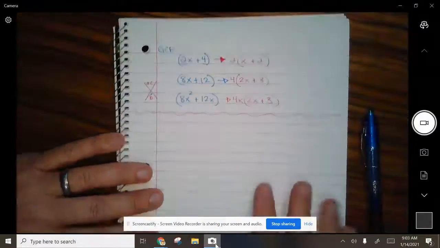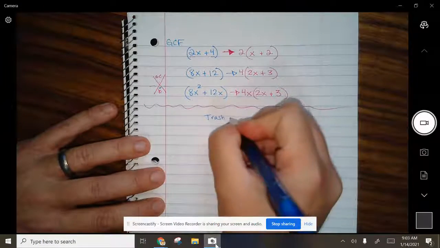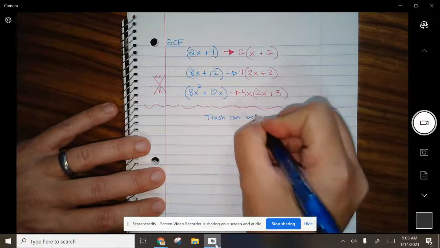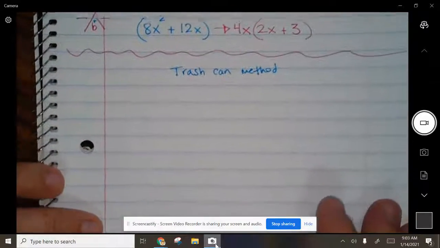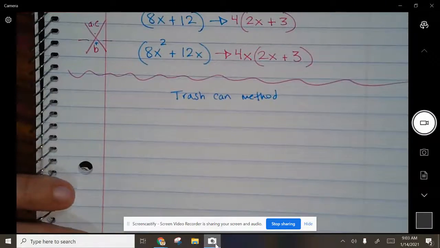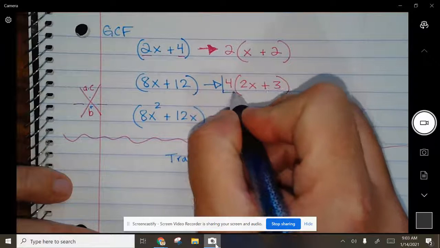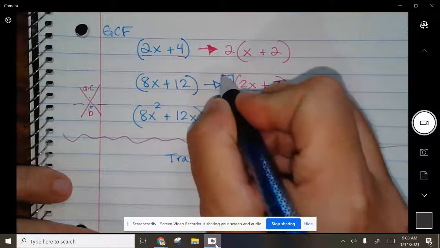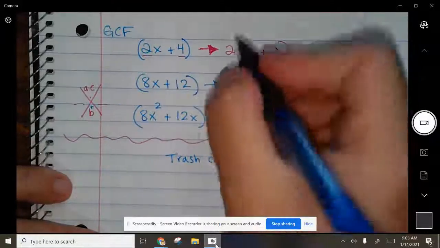So today's method, we're going to call it the trash can method. They actually teach this in high school, in their high school algebra classes. And what's going to happen eventually is, at the end, your answer may have this part going in the trash can. All right, those are your big trash cans.